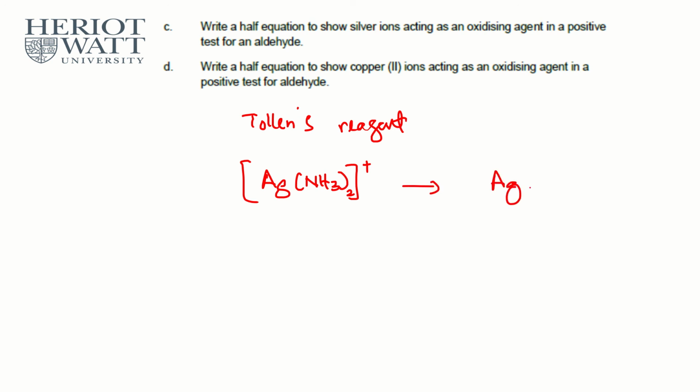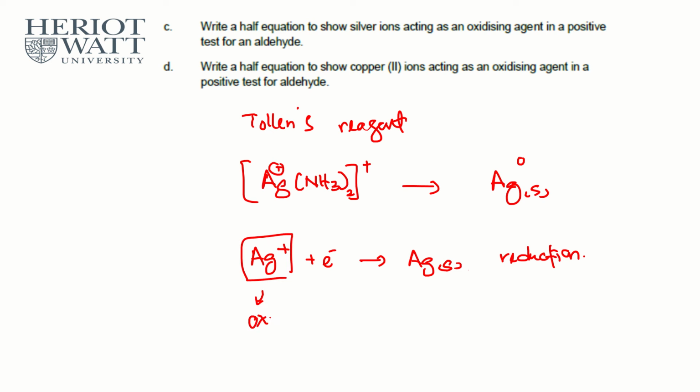It turns into solid, 0. So the charge is positive and turned to 0, ion to solid. So how does it act as an oxidizing agent? Because it gets reduced. So the equation they want here is as simple as Ag+ plus e-, you're getting Ag solid. That's a reduction, right? Therefore, this is an oxidizing agent. So this is what they want for C.